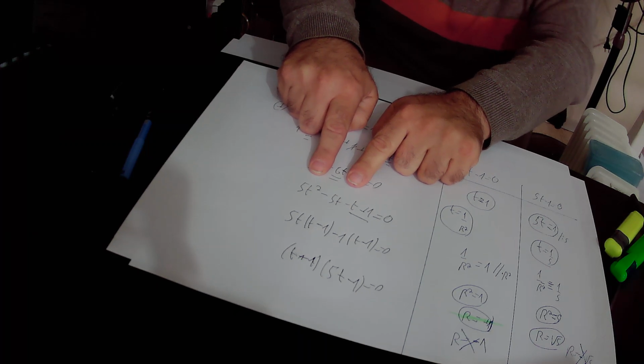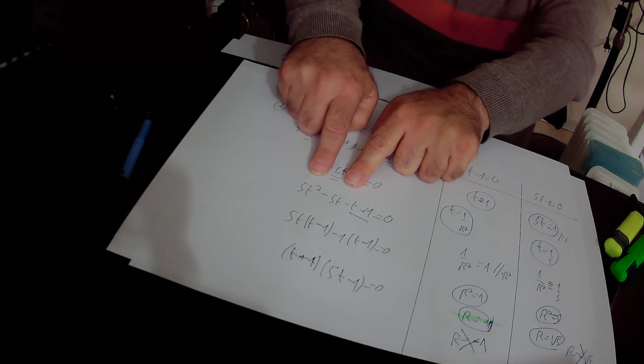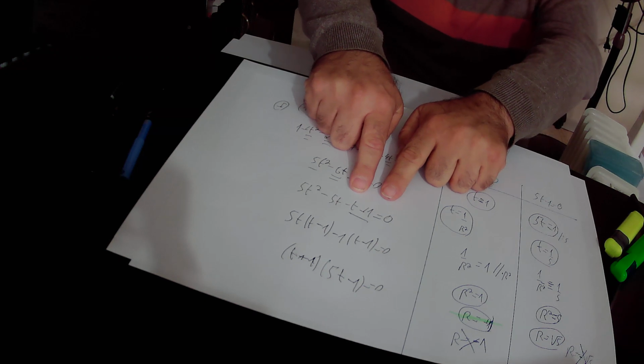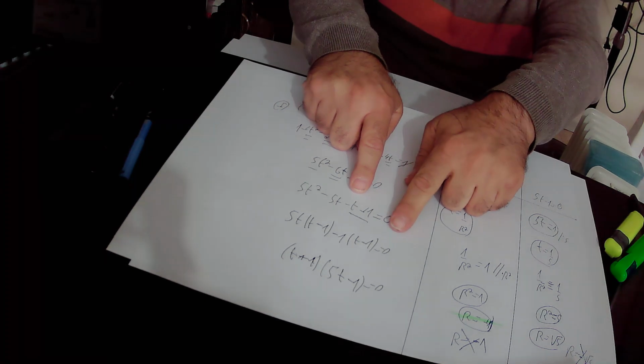Then we took 5t as a common factor from those two expressions, and inside the brackets we are left with t minus 1. Then we took minus 1 as a common factor from the other two expressions, so inside the brackets we are left with t minus 1, that is equal to 0.